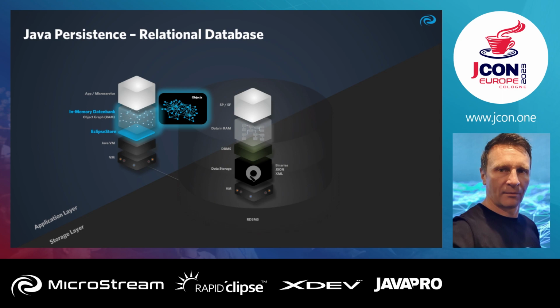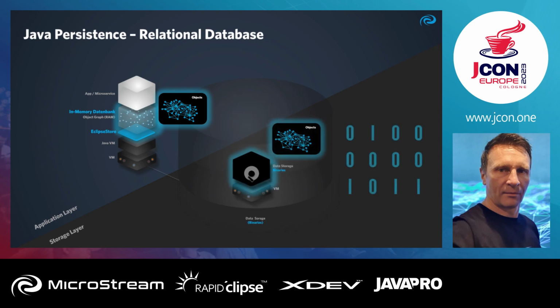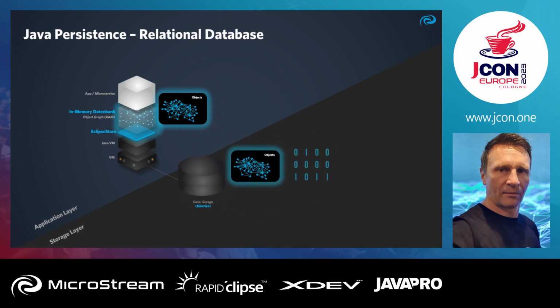So we don't need the database management system anymore. We can do it in Java. The only thing we need is just storage. And so we get a very simple architecture, easy to use, core Java features only.